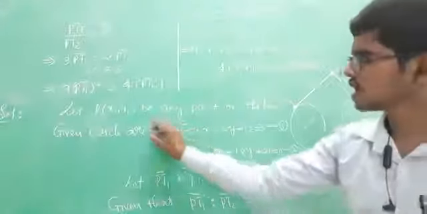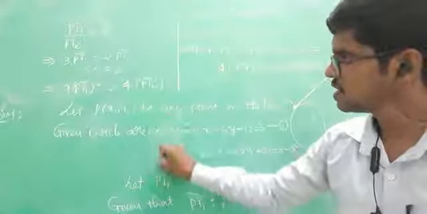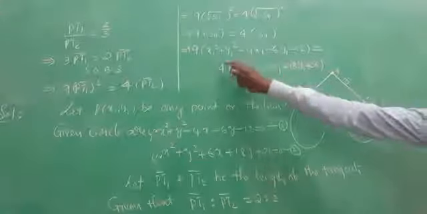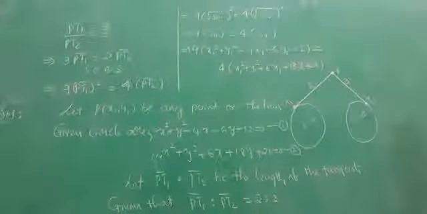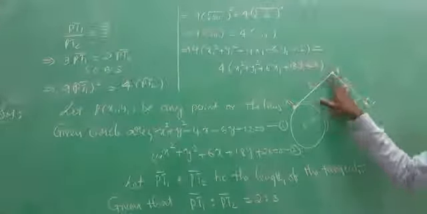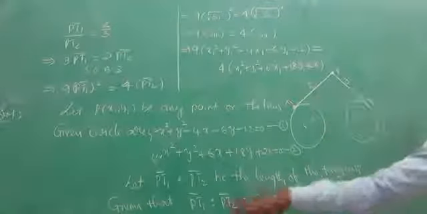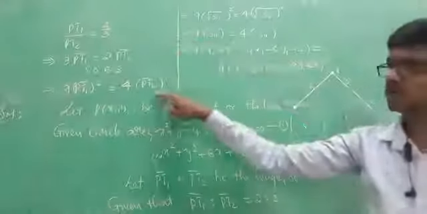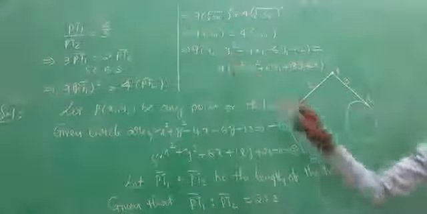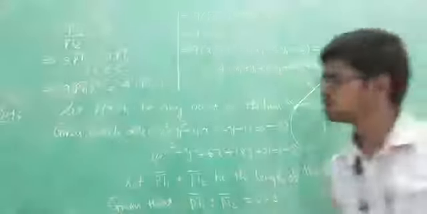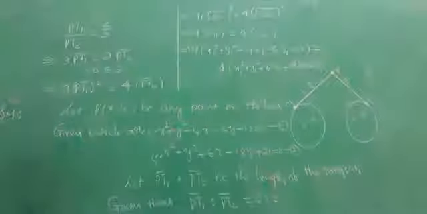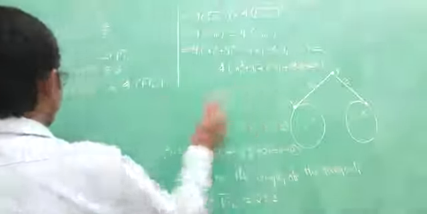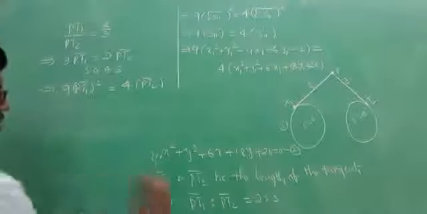So this is S and this is S dash. This is how we have to find using the lengths of the tangents. The ratio of the lengths of the tangents PT1 and PT2 is given as 2:3. Now we have to equate these two, then we will get the equation of the locus of P.